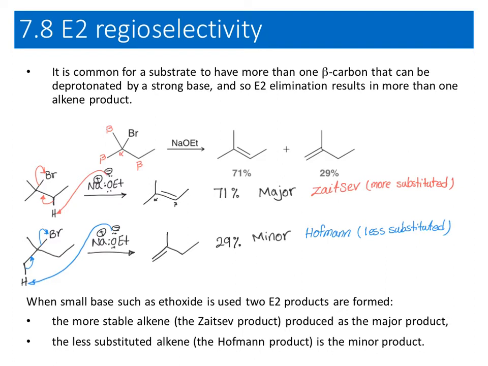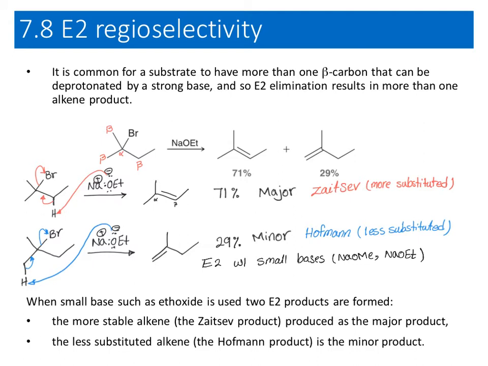So an E2 mechanism, let's make a note of that. E2 mechanism with small bases such as sodium methoxide or sodium ethoxide, and the counter ion doesn't matter, it can be potassium methoxide or potassium ethoxide.